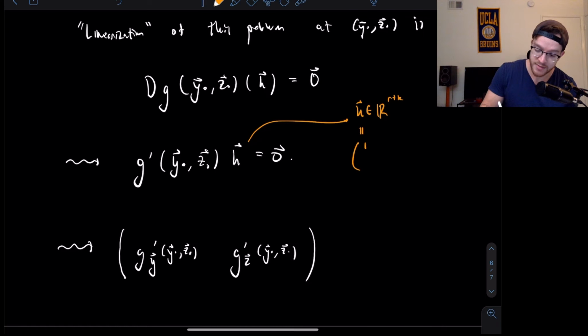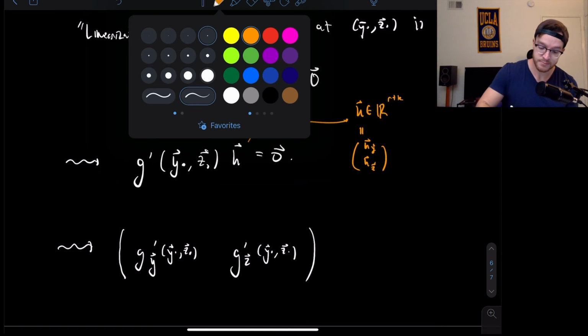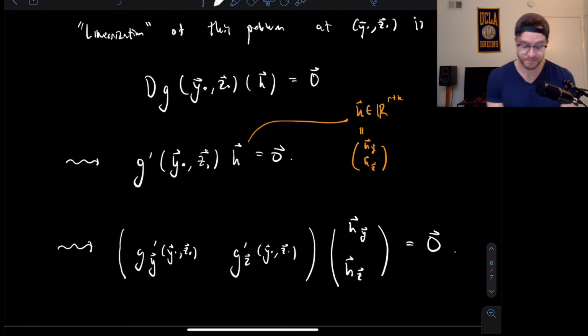I can write this as H sub y and H sub z, where H sub y is in R^n. It represents all of the linearized y variables, and likewise with z. So doing that gives me a vector like this. And I want this to be the zero vector.